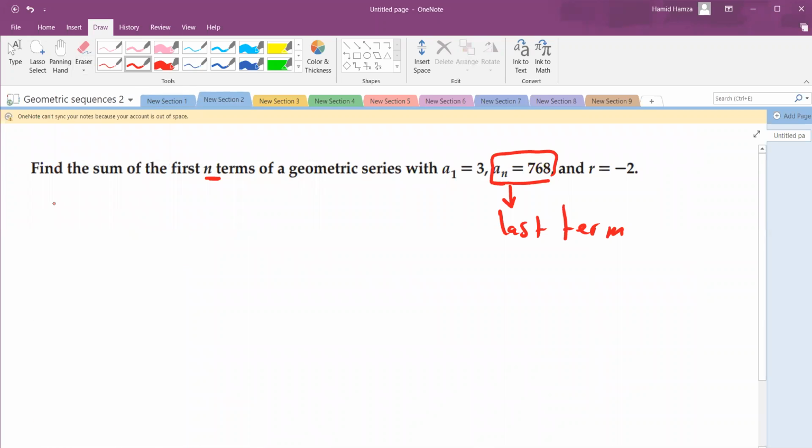So a1 is 3, an is 768, and the common ratio is negative 2.